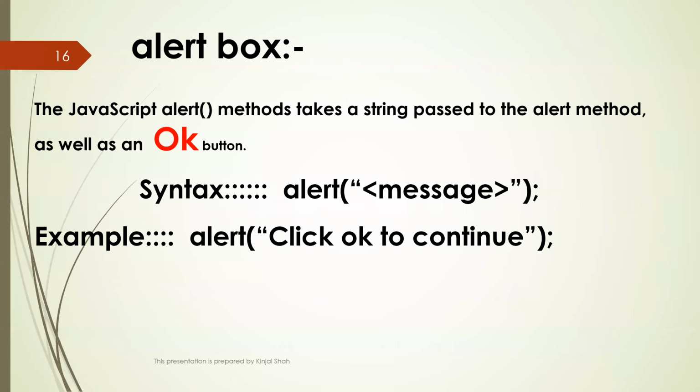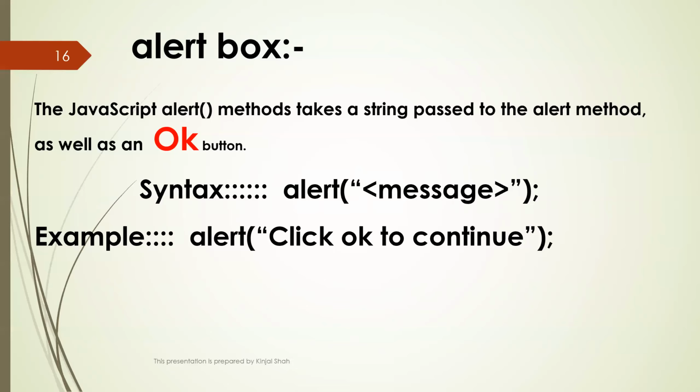So what's an alert box? The JavaScript alert method takes a string passed to the alert method, and it is also known for the OK button. The OK button is very common for us: okay, I'm sure, let's press OK. What I'm trying to say here is that before submitting anything, before completing any transaction, it asks you for confirmation, right?